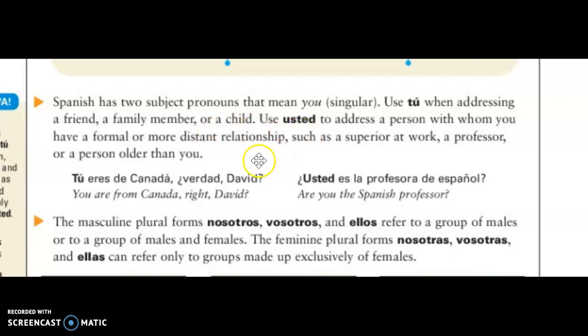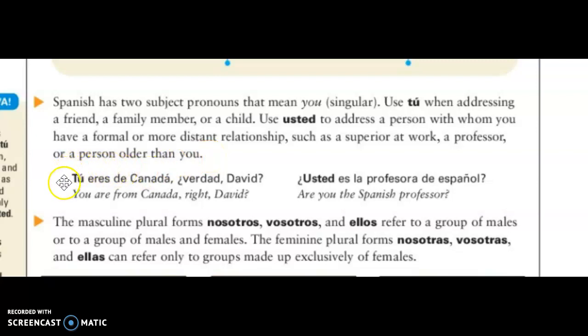So Spanish has two subject pronouns that mean you in the singular, and that is tú when you're addressing a friend, a family member, or a child, and then you use usted to address a person with whom you have a formal or more distant relationship, such as a boss at work, a teacher, somebody older than you.